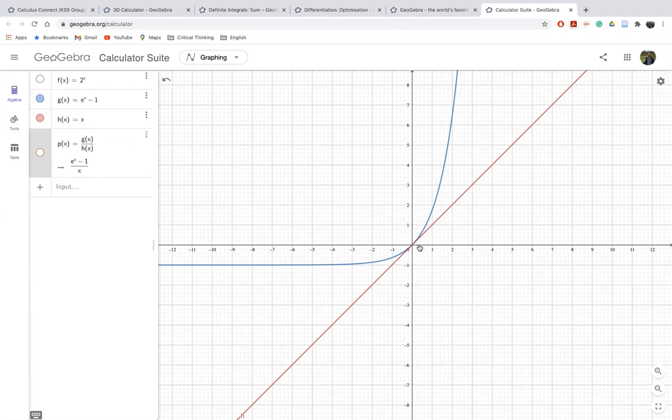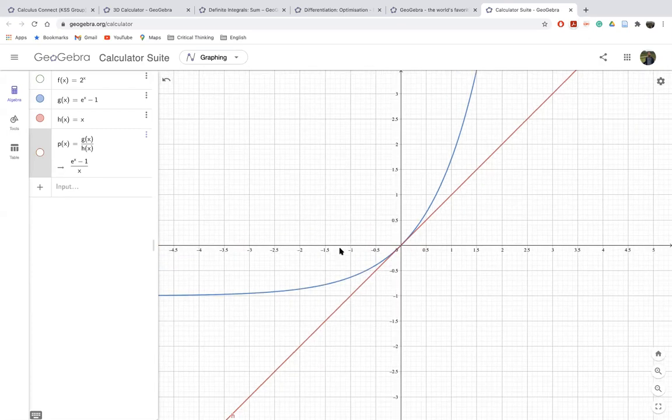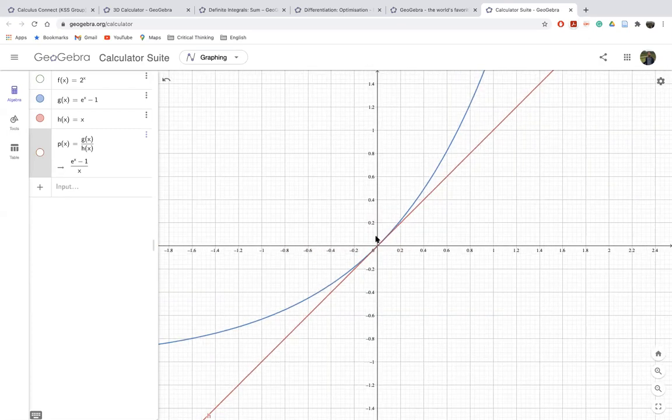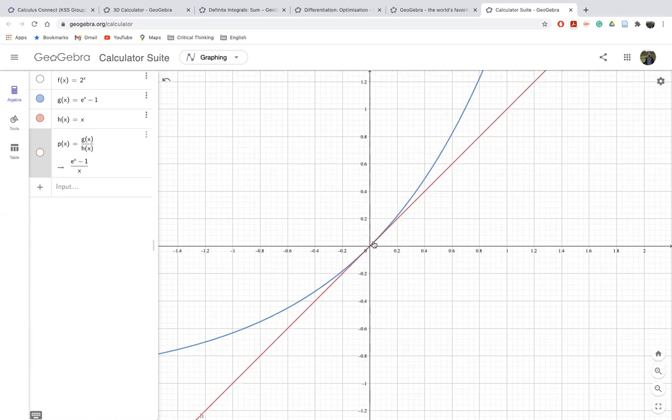As you can see here, if you zoom into 0, when you go close to 0, both functions overlap, right? When they overlap, they are going to cancel each other. Maybe we don't know exactly at point 0, but that's the idea of the limit. We don't want to know what is happening at that particular point. Instead, we want to know what is happening nearby that point.